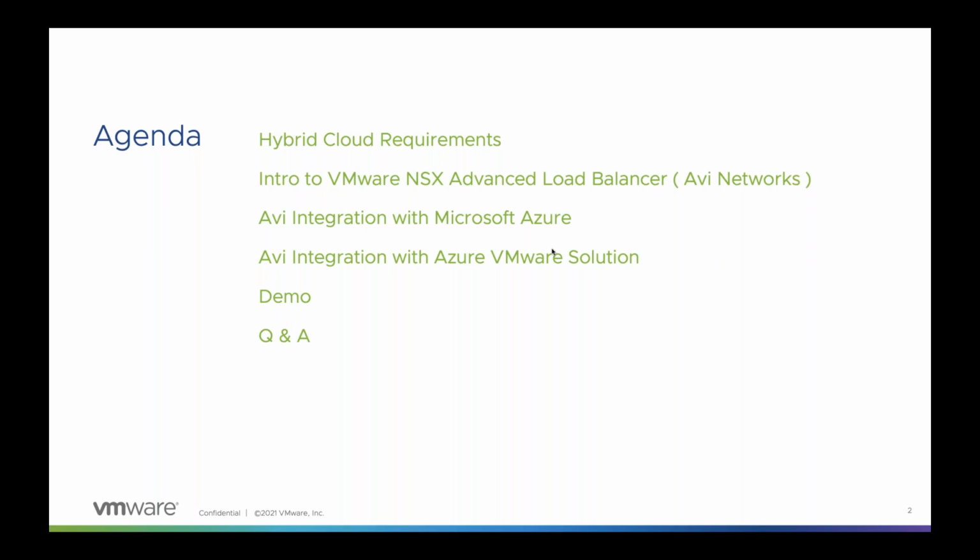We'll see how we integrate with Microsoft Azure, the native public cloud offering from Microsoft, as well as the Azure VMware Solution, a VMware solution provided by Microsoft, called AVS. Finally, we'll be doing a demo, and then we'll have some time for Q&A as well. Feel free to put your questions in the Q&A window, as mentioned.